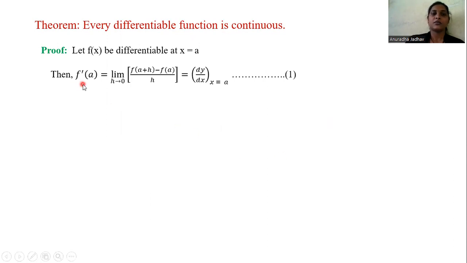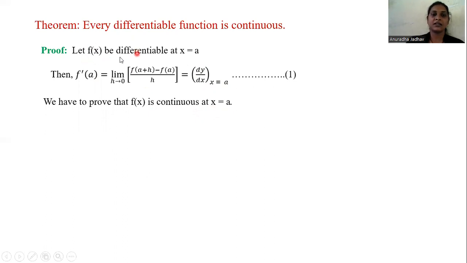Then by the method of first principle, f dash of a is equal to limit as h tends to 0, f of a plus h minus f of a divided by h, which is equal to dy upon dx at x is equal to a. This is the derivative of function f of x at x is equal to a. Then we have to prove that f of x is a continuous function at x is equal to a.